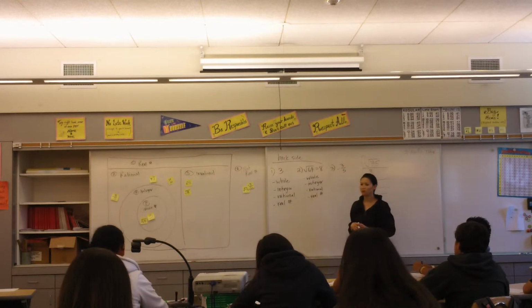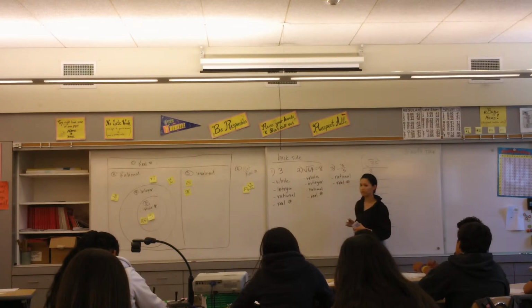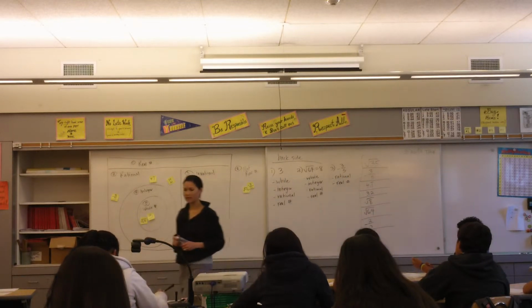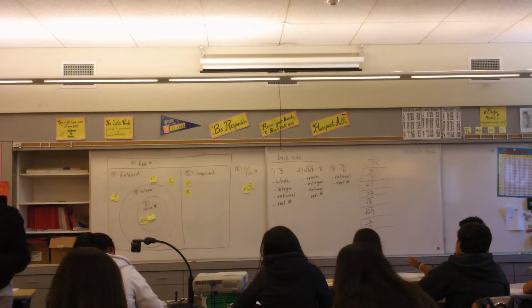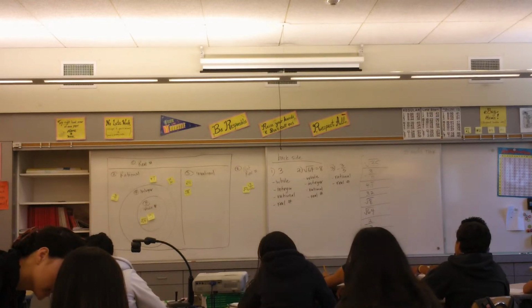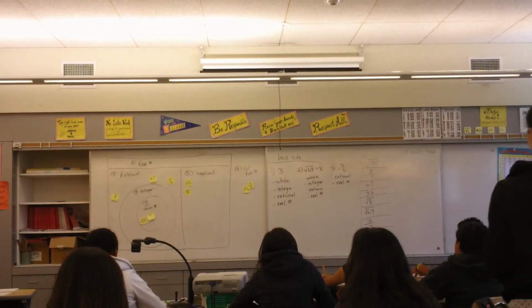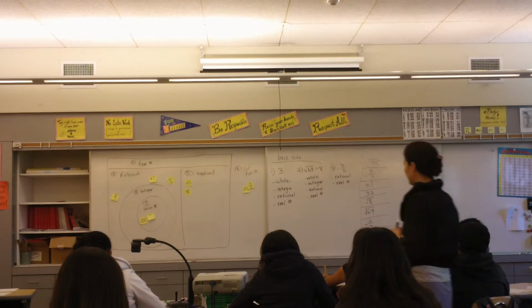What would the names be? It would be called a rational and a real number. Please copy that down. Rational and real number, that's it.